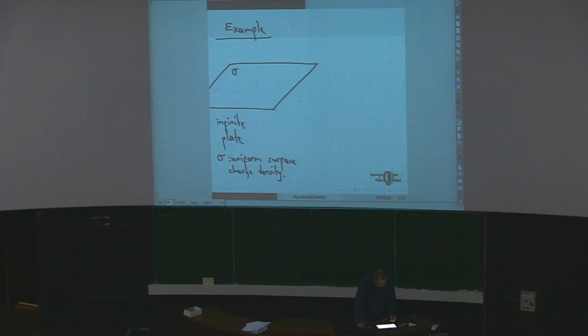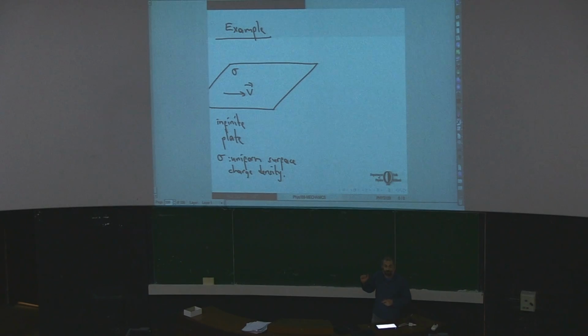And let's assume that this whole thing is moving with some speed v. We have to find out what's the direction of the magnetic field, what's its magnitude, etc. We have to find all of it. We are not interested in the electric field. We only want to find the magnetic field.